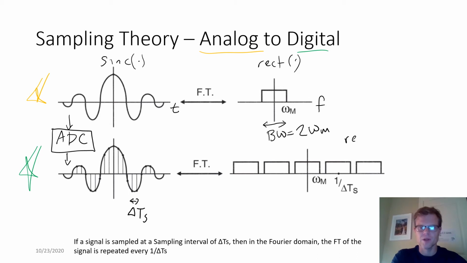We get repeated at integer intervals of n over the sample spacing. Okay, so that's what's being indicated by this 1 over delta TS here. So this would be 2 over delta TS. This would be minus 1 over delta TS, and so on.